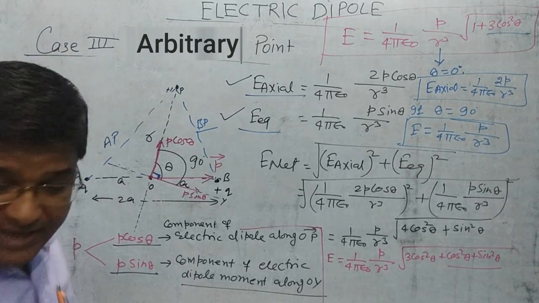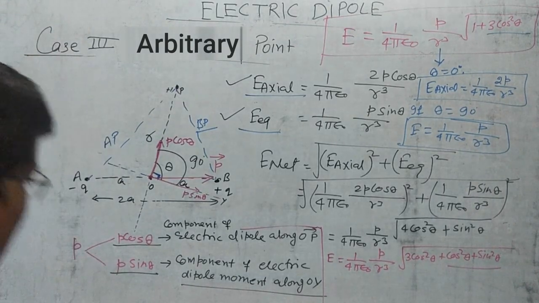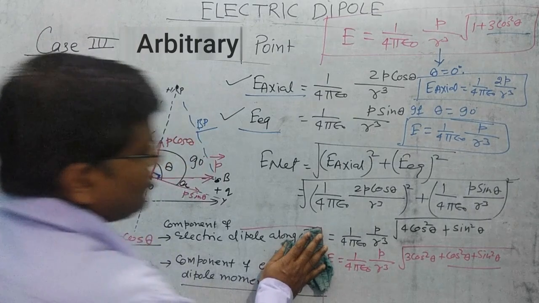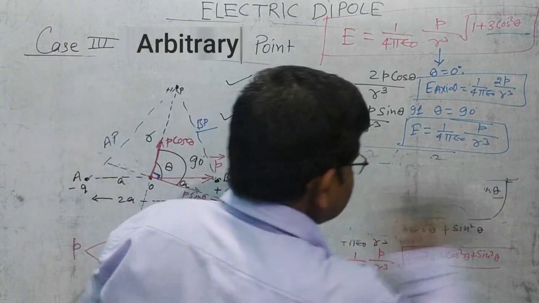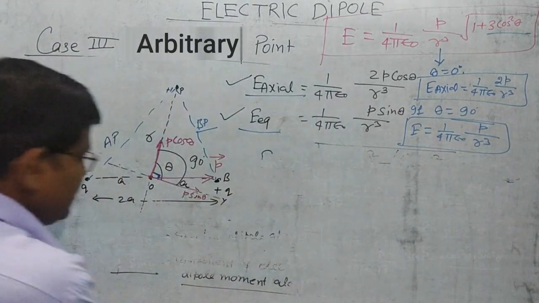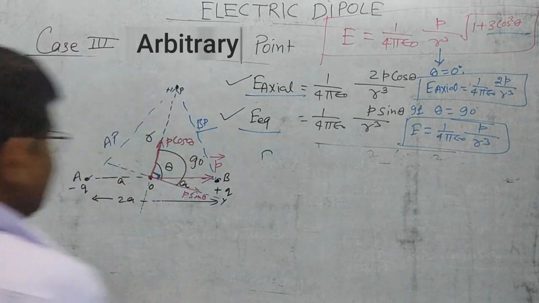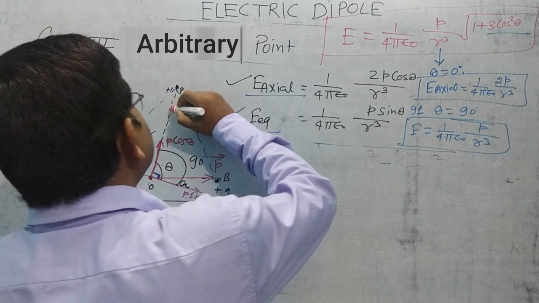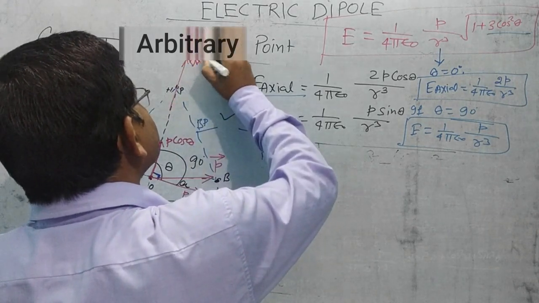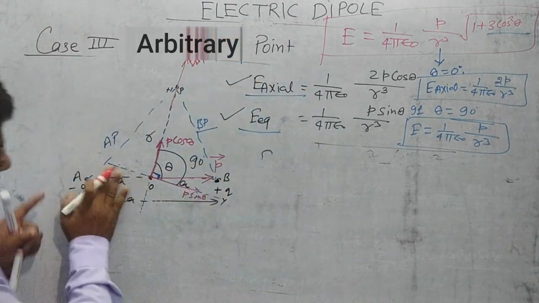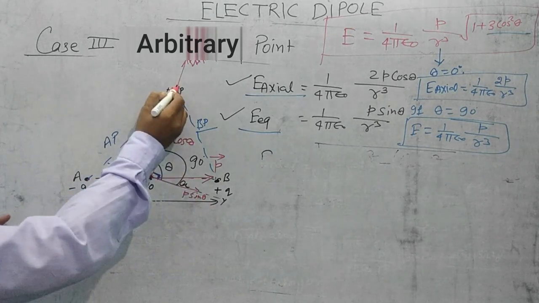One thing more, the direction in this case. In which direction does the net electric field lie? In the electric dipole case, this one is the axial case, and the equatorial is just opposite of this.